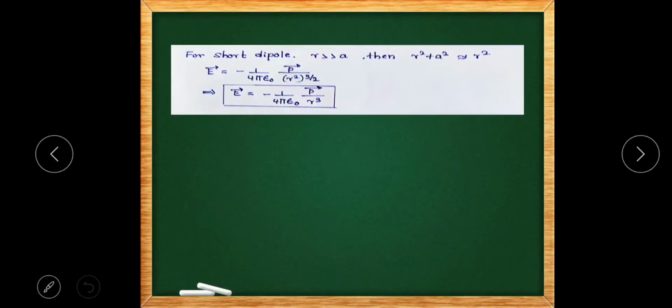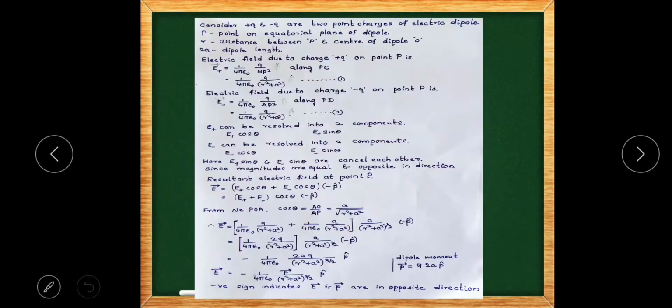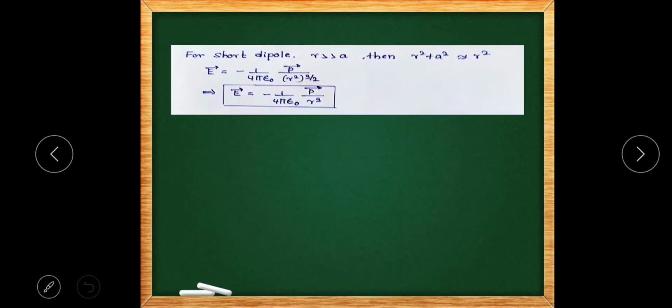The equation becomes vector E equals minus 1 by 4 pi epsilon naught vector p divided by R square raised to 3 by 2. R square raised to 3 by 2 means the 2 and 2 cancel, and we are left with R cube. So E equals minus 1 by 4 pi epsilon naught p divided by R cube.